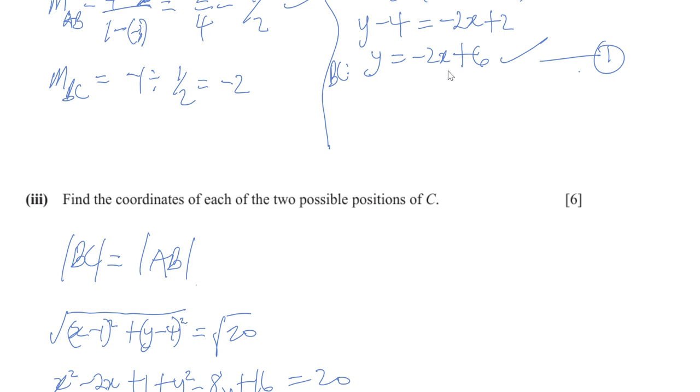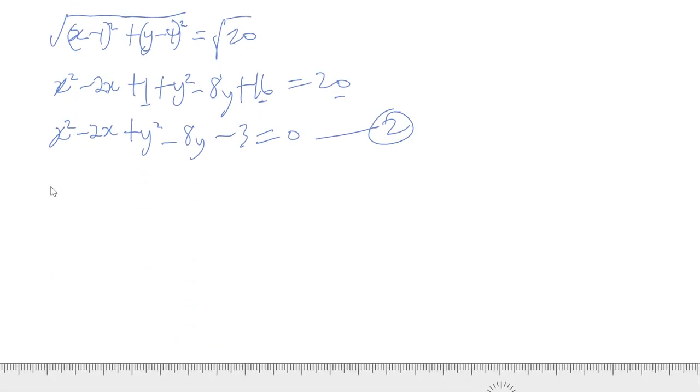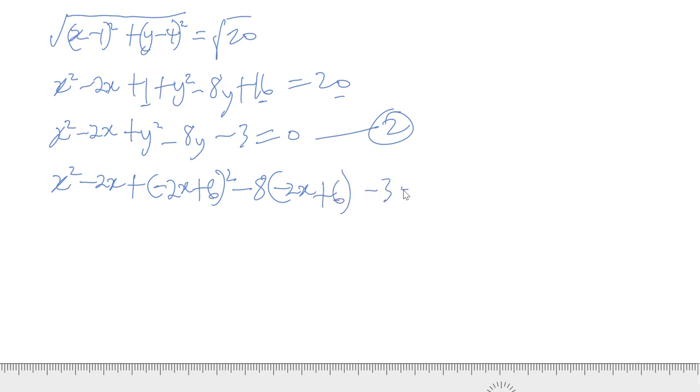For the value of y, we substitute minus 2x plus 6. So I write x squared minus 2x plus minus 2x plus 6 squared minus 8 multiply minus 2x plus 6 minus 3 equals 0.